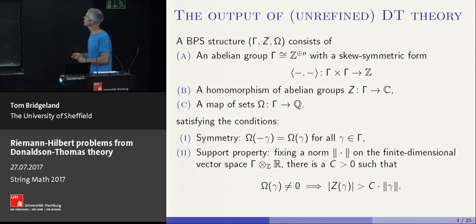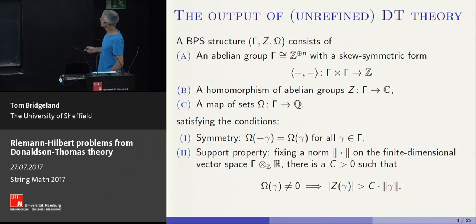And there's a couple of conditions which are not very important at all, in fact. Firstly, there is this symmetry property that if you change the sign of the class, you get the same BPS invariant. And there's the support property, which is a little bit technical and won't play any role, but let me explain something about it. It says that if you fix a norm on your charge lattice, then for classes with non-zero BPS invariant, there is some inequality like this.